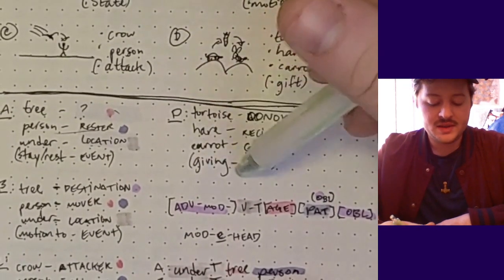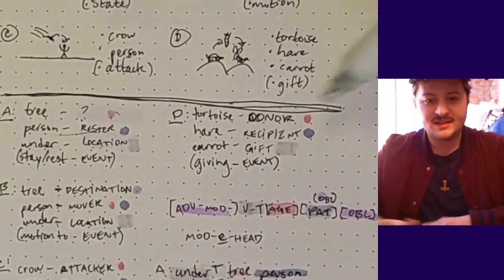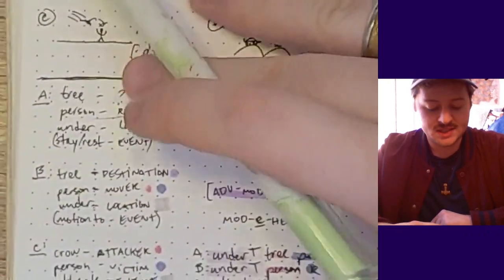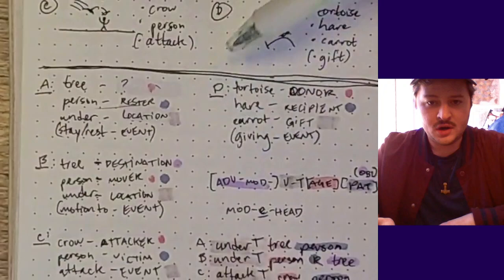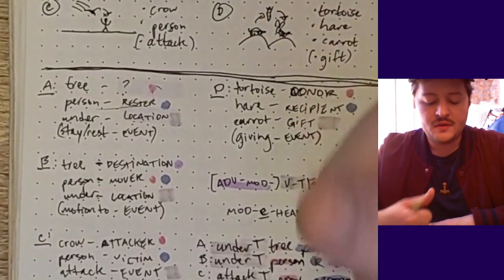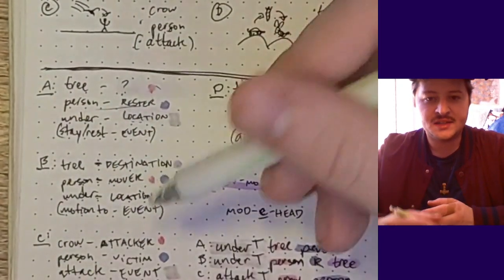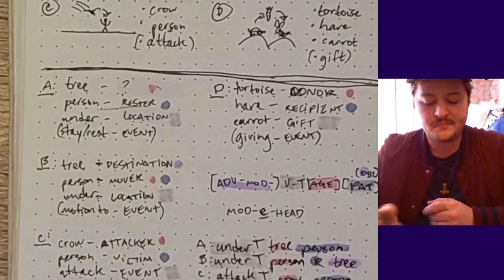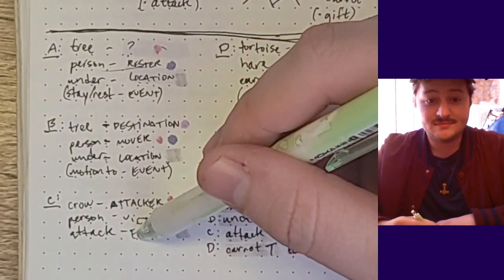And what that does is it slots into place a very strange thing with the syntax, which is that your verb or the predicate is actually the gift, or the imparting that the agent does for or to the patient. So what does the crow give the person? They give an attack.